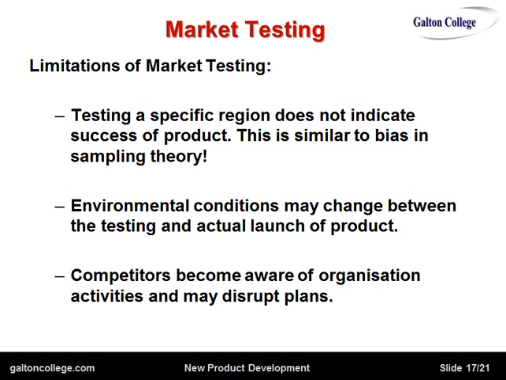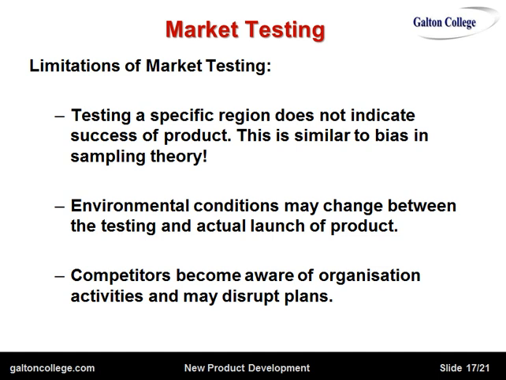And the third one is that the competitors become aware of the organization's activities and may disrupt plans. Once it's been tested out in a small area, the competitors will find out about it. They will find the product. They will see the product. And it's in their interest to try and obstruct the success of the launch in whatever way they can, legally of course.